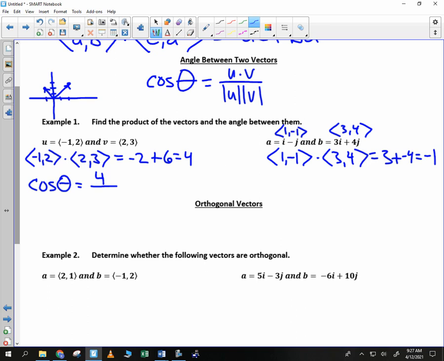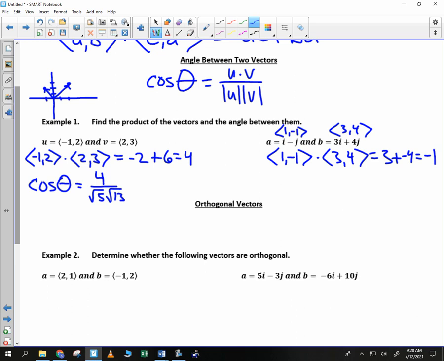What is a squared plus b squared here? It's going to be 1 plus 4, which is 5, so I'll have the square root of 5, times the square root of, now I've got 2, 3. What's going to be the magnitude of 2, 3? 13. Everybody got 13?